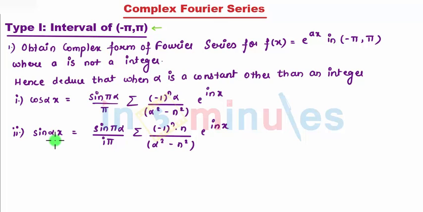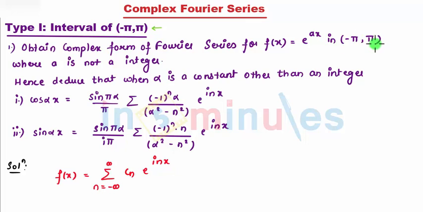So, the first work which we need to do is to find the Fourier series. So, let's start with that. My Fourier series is defined by f of x equal to summation n equal to minus infinity to infinity c n e raised to i n x.